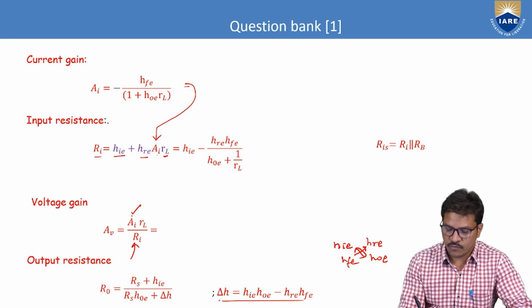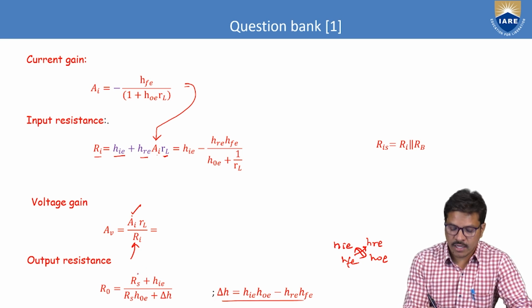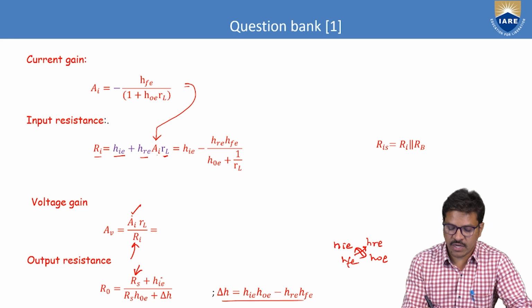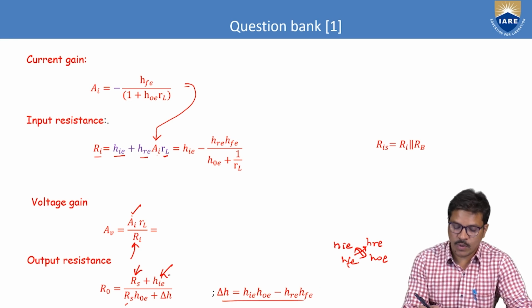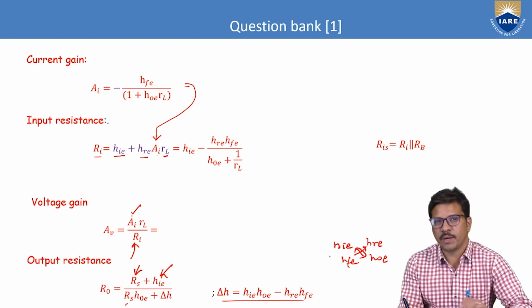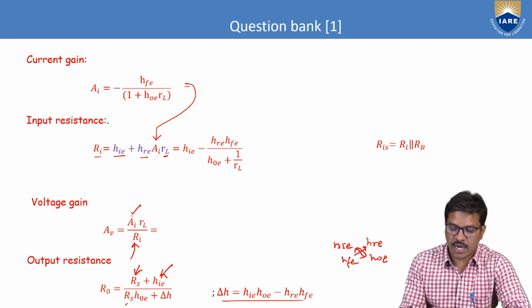In the problem, the source resistance is given, the input impedance is given, and HOE, the output admittance, is given, plus the delta H we just found. By substituting these, you will get the output admittance, or output impedance Ro.